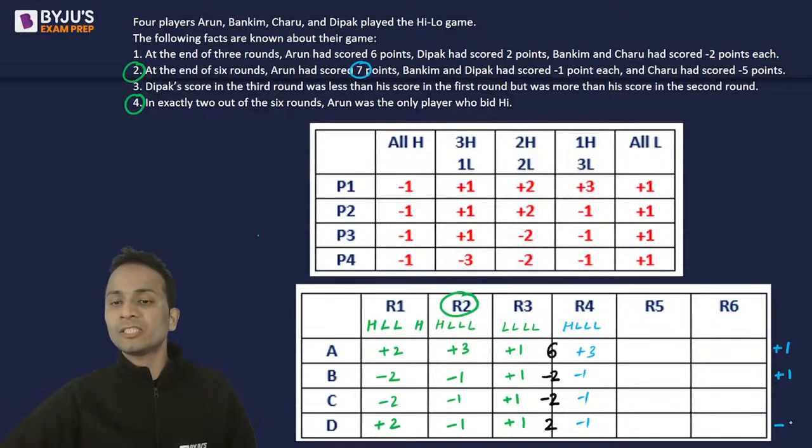So in the last 3 rounds, he has a net score of -3. Charu had -5 after 6 rounds. Charu originally was -2, now he's at -5, so he will also get -3 in these 3 rounds. Done? Now let's talk about their other scores in round 5 and round 6.